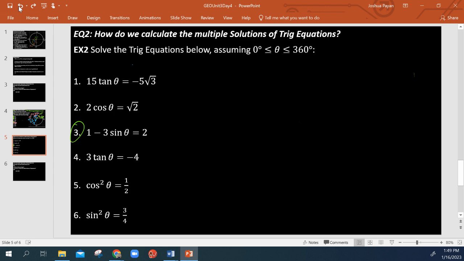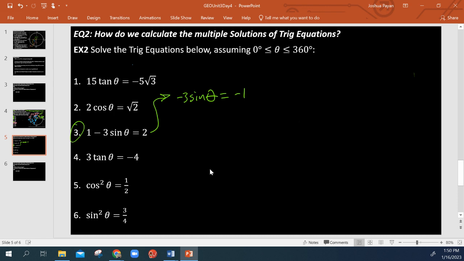So anyway, number 3, again, first thing we want to do is get the trig function by itself, right? So we're going to have to undo this positive 1, this multiplication by negative 3. So starting from the outside in, I'm going to do subtraction by 1 first. So negative 3 sine theta is equal to negative 1, right?